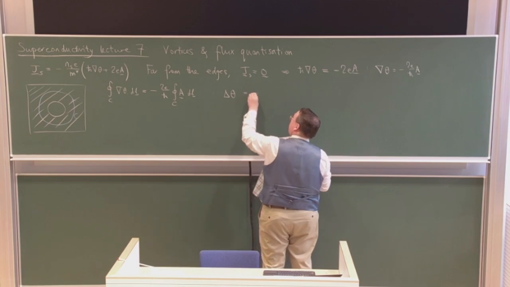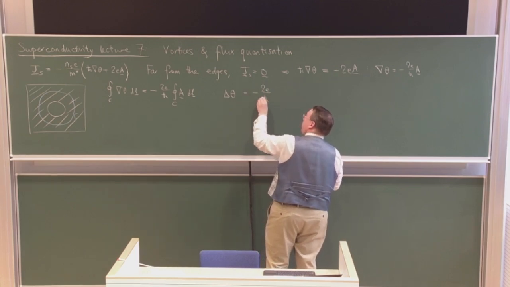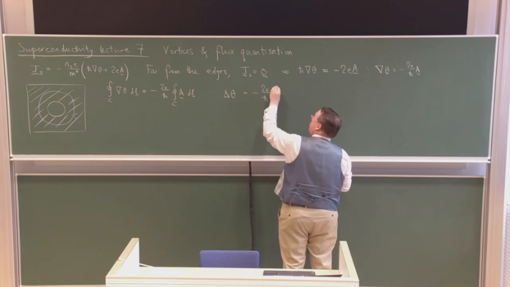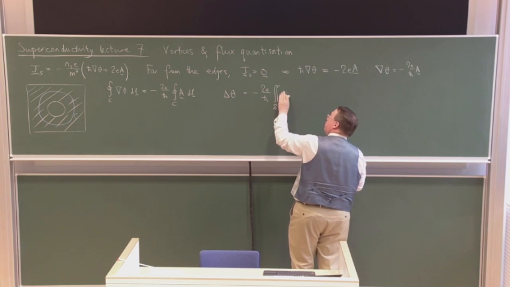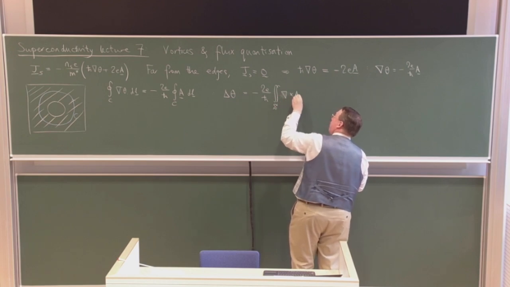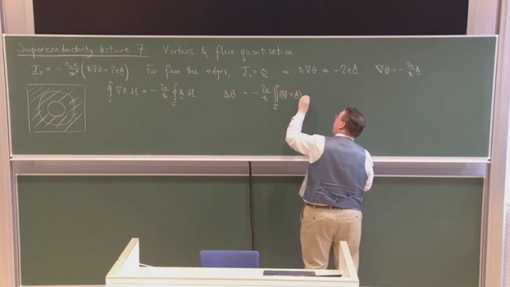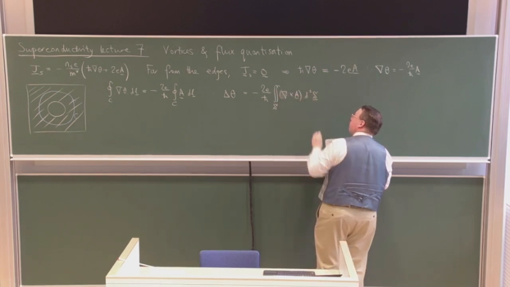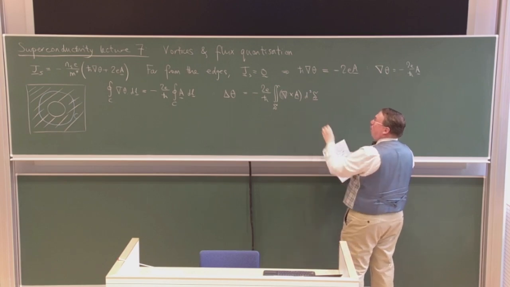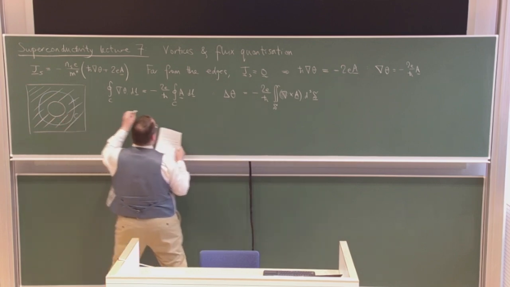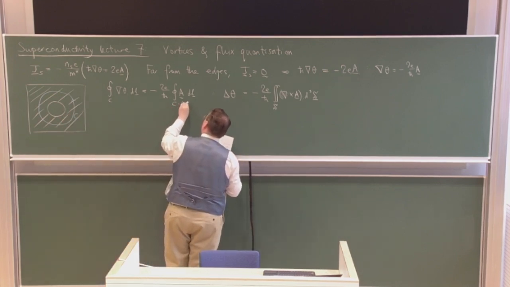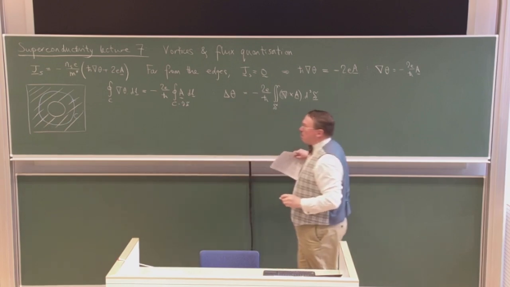And by Stokes' theorem, I can transform this into the integral over the flux through a surface S of the curl of A, where the surface S is any surface bounded by this curve.